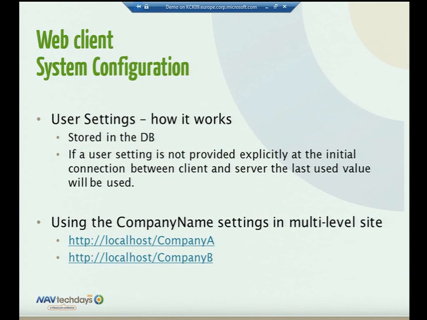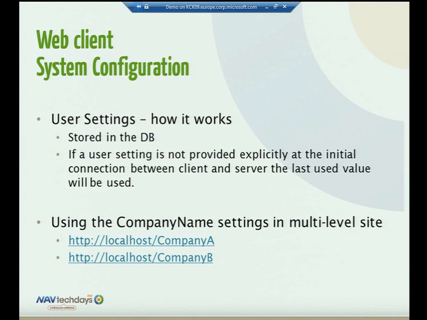So if the user then selects another company, the client restarts, and it's not, as you might expect, the client saying to the server that it wants to open the other company. Just before it shuts down, it tells the server that it's changing the company, and then the next time the client starts, it doesn't specify what it needs to open. It connects to the server, which says, okay, last time you were online, you used this company.